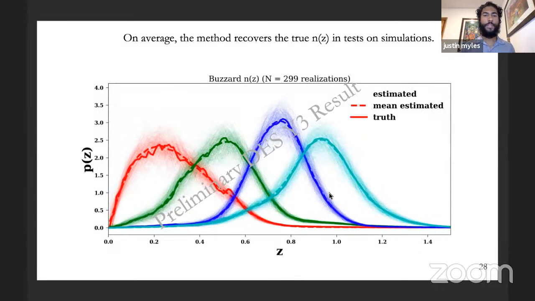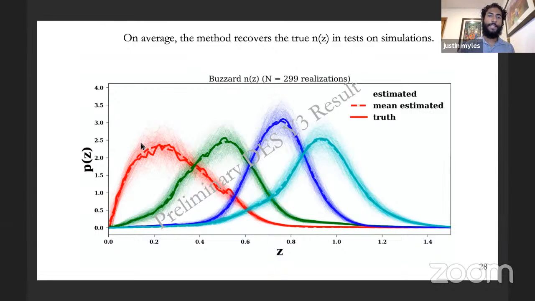All right, so this is proof that it works. This is showing that on average, the method recovers the true redshift distributions in simulations. This is a result from the Buzzard simulation, a galaxy catalog that you get from underlying N-body simulations. The solid thick line represents the truth, the true redshift distribution of galaxies in a given tomographic bin.